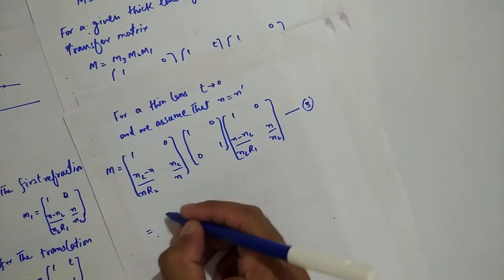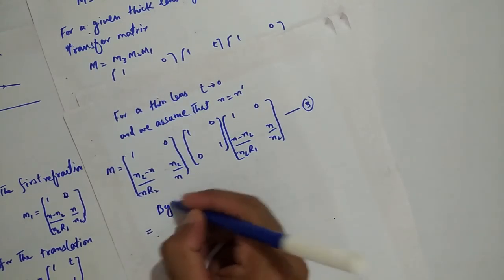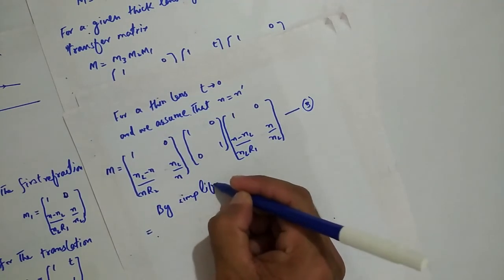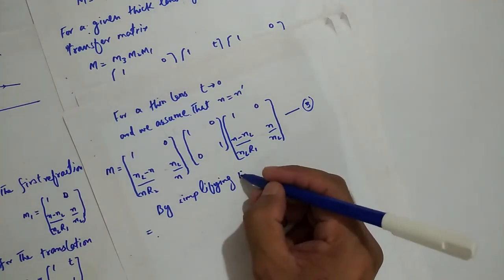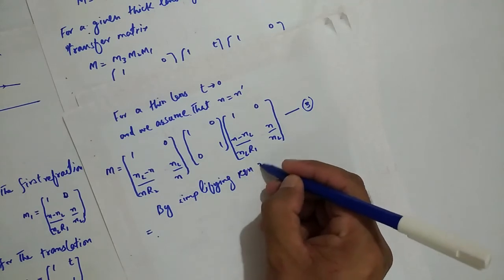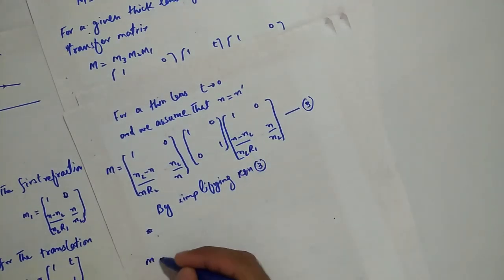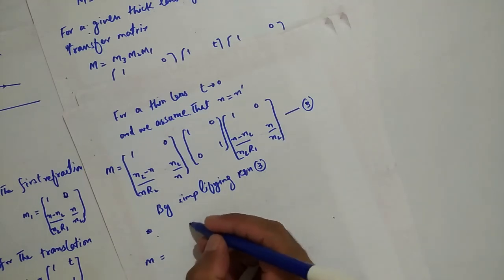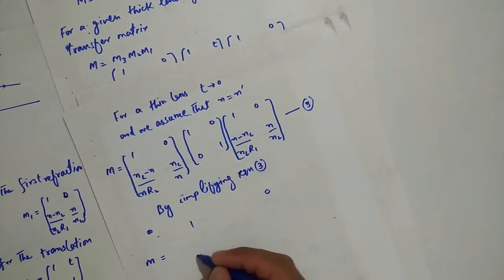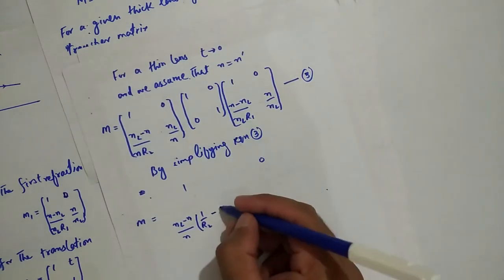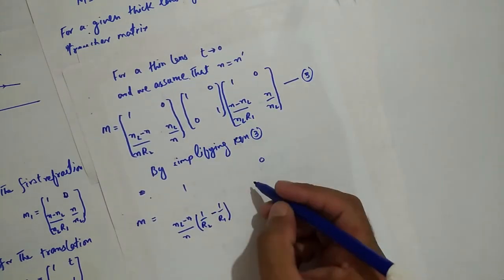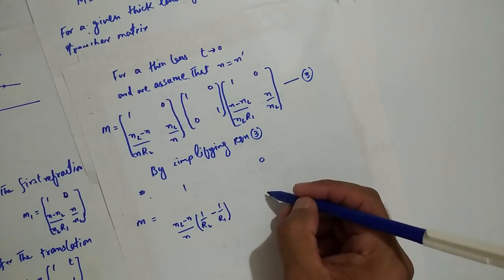By simplifying equation number 3, M will be equal to 1, 0, (nL minus n)/n times (1/R2 minus 1/R1), 1.